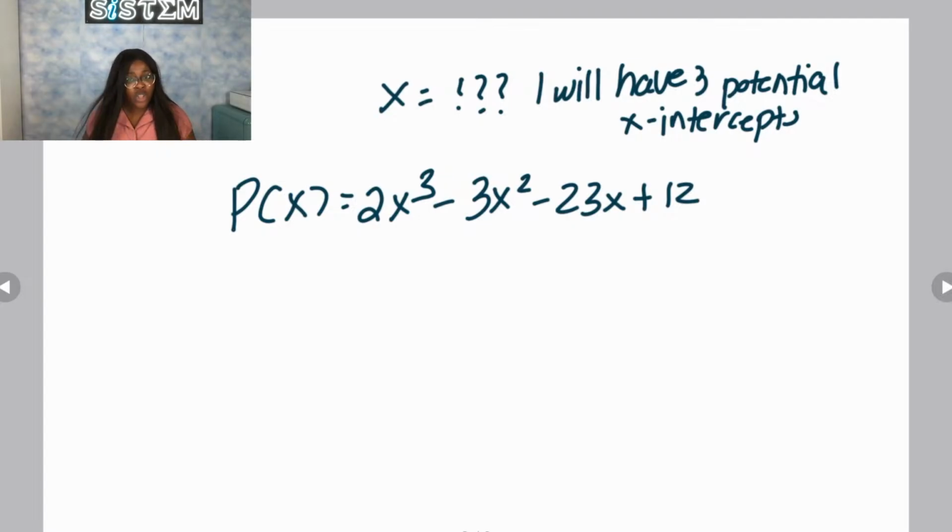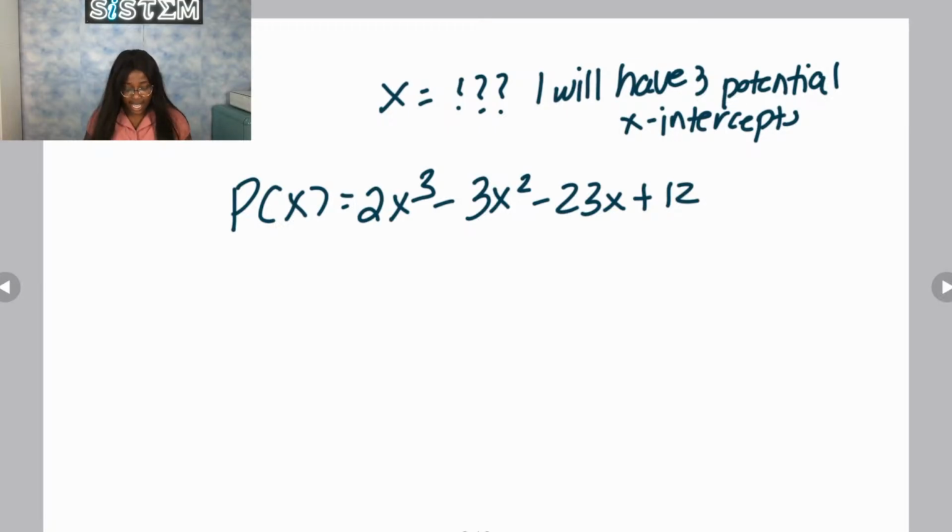And so to do that, you just look at your equation here and you ask yourself, from this term to this term, did it go from positive to negative or negative to positive? Like, how did it go about? Right? And it looks like in this case, it went from a positive 2 to a negative 3. That's one sign change. And then from negative 3 to negative 23, is that a sign change?